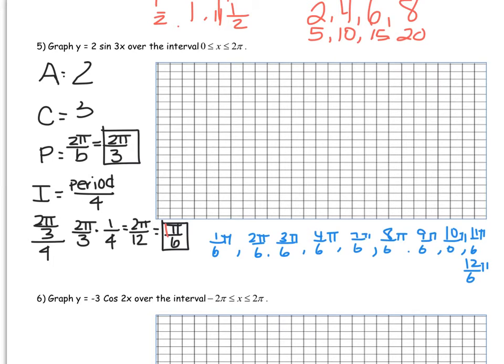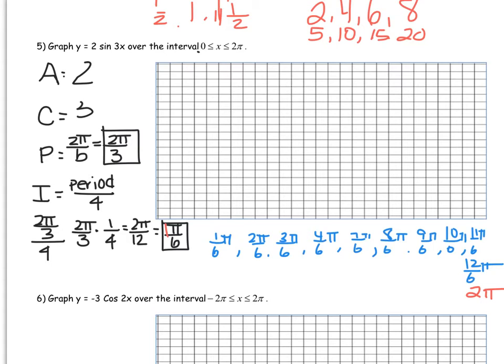Now, why did I stop here? Okay, I counted all the way up to 12 over 6. And the reason why I did that is because 12 over 6 can reduce to 2 pi. 12 divided by 6 is my ending point of this interval. This is 2 pi. So I need 1, 2, 3, 4, 5, 6, 7, 8, 9, 10 tick marks.